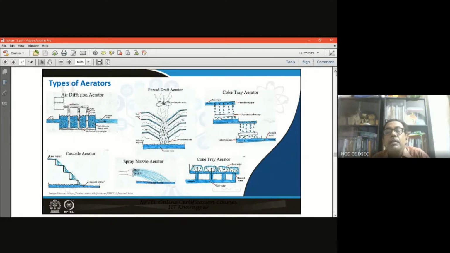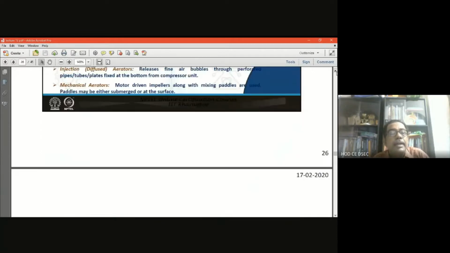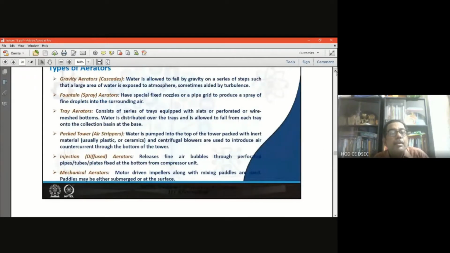Okay, fine. Then we'll discuss the packed tower or air strippers. What is that? Now water is pumped into the top of the tower, because it is at an altitude, packed with inert material like plastic and ceramics, and centrifugal blowers are used to introduce air counter current through the bottom of the tower.